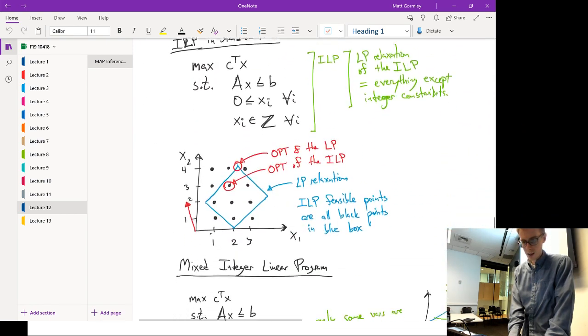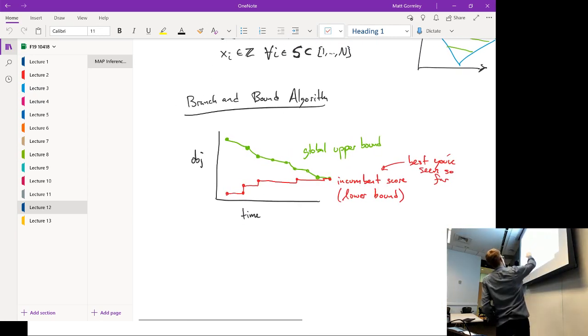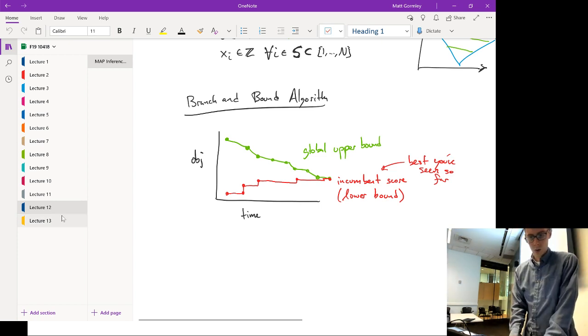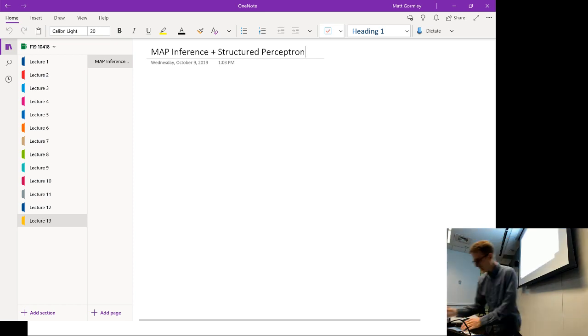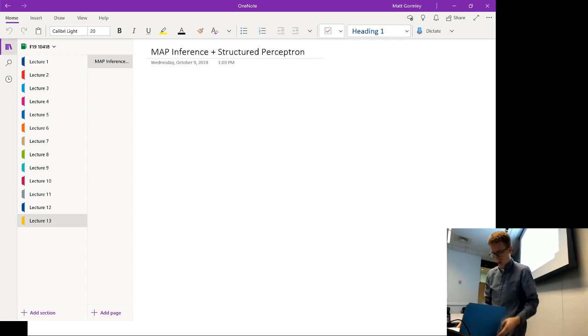We had been thinking through the behavior of branch and bound in terms of the global upper bound and the global lower bound that it maintains during its runs. So what I want us to think about now is this picture of what branch and bound is actually doing as it proceeds through these individual steps.